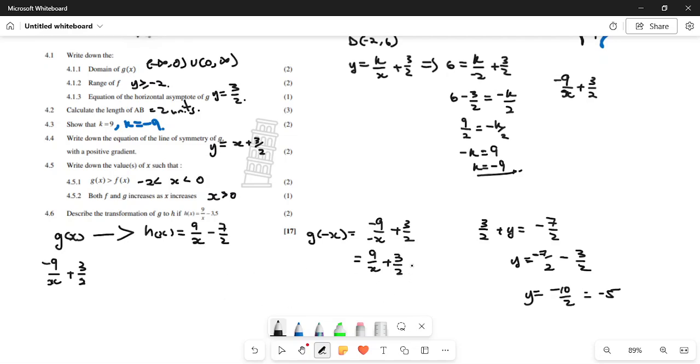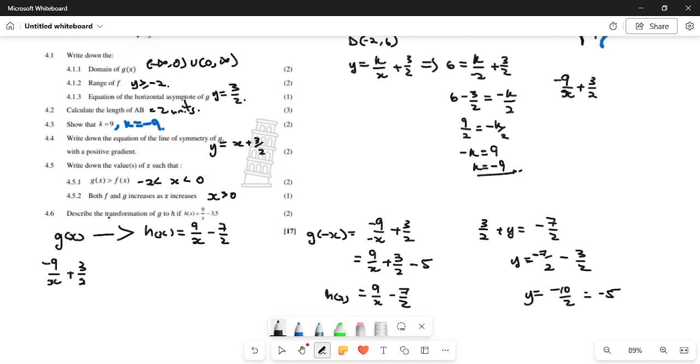So let's see if ever we add negative 5, what happens. So I'll say minus 5 here, and then we have 9 divided by x, then this will be 3 minus 10, which will give me a minus 7 divided by 2. And indeed, this is my function of h at x.